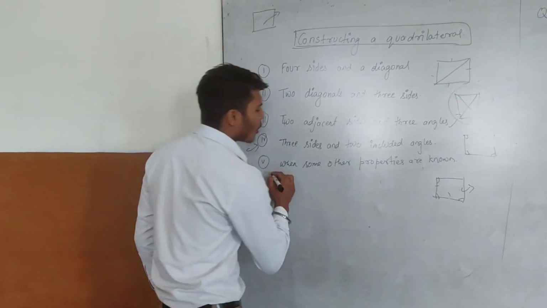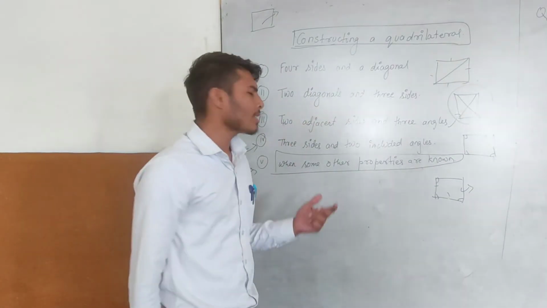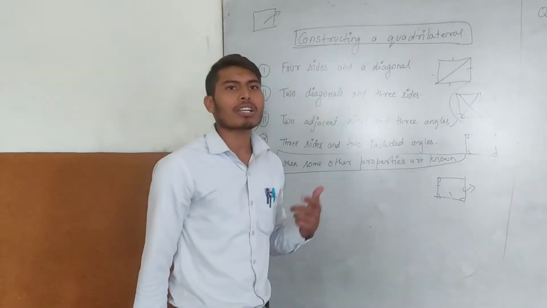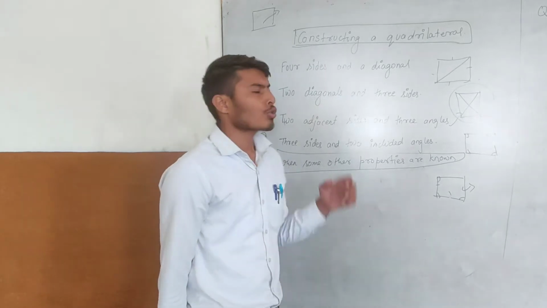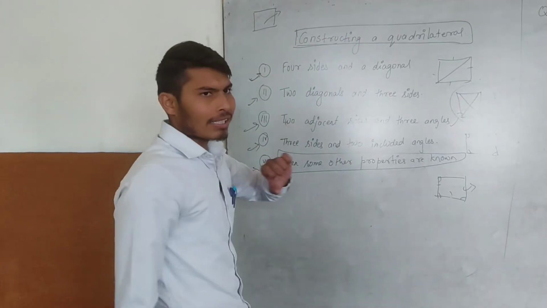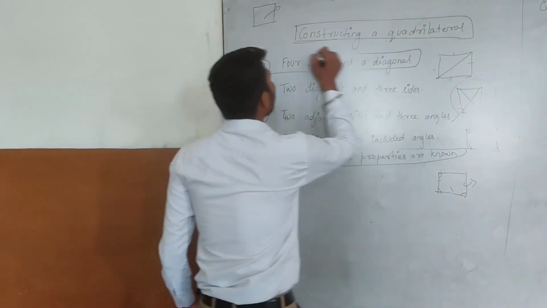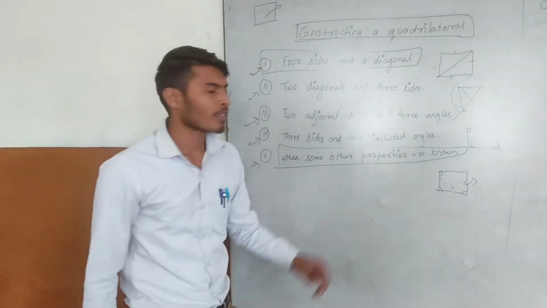There are some other properties which we will learn in later classes that will help in constructing a quadrilateral. First in this class, we will see how we construct a quadrilateral when four sides and one diagonal are given.